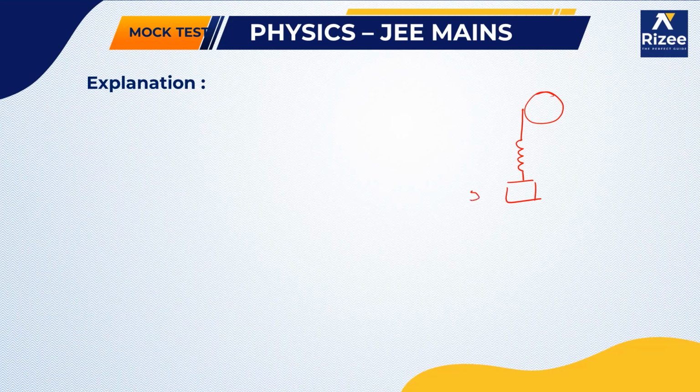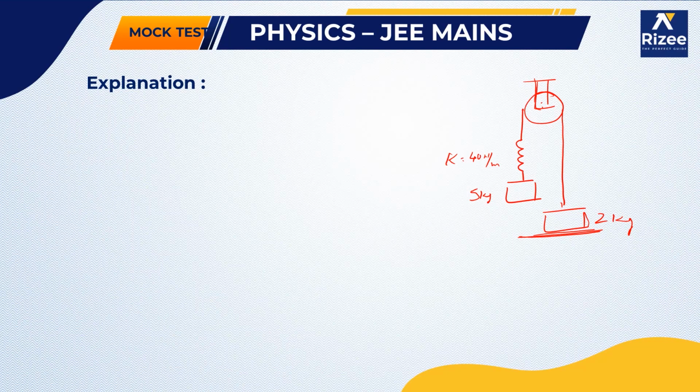So this one is the 5 kg block. The spring constant is also given, that is K equal to 40 Newton per meter. On the other side there is another block which is actually on the ground. So this is 2 kg only. Everywhere the spring is there, there is no friction at any particular point.